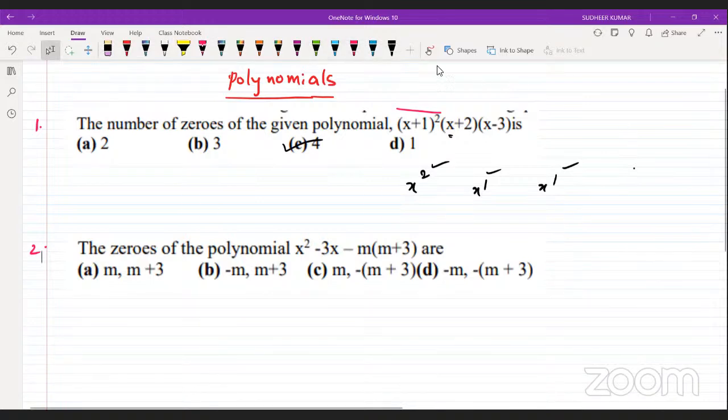Which is the correct one? Can you say which is the correct one?